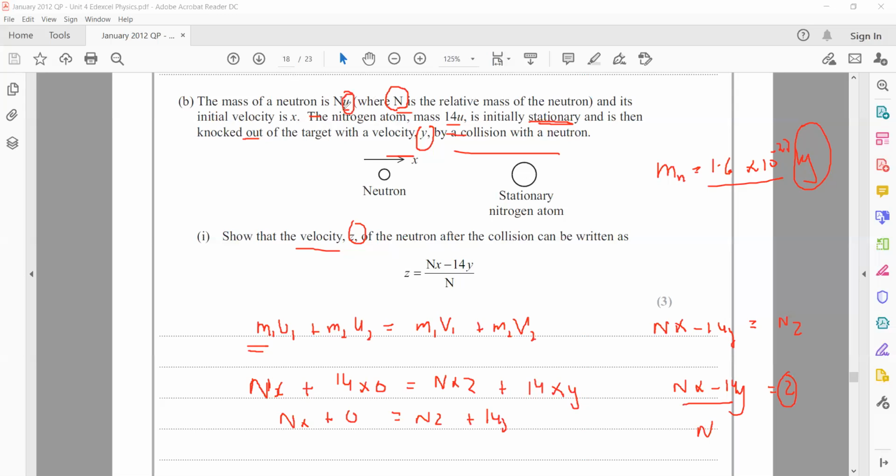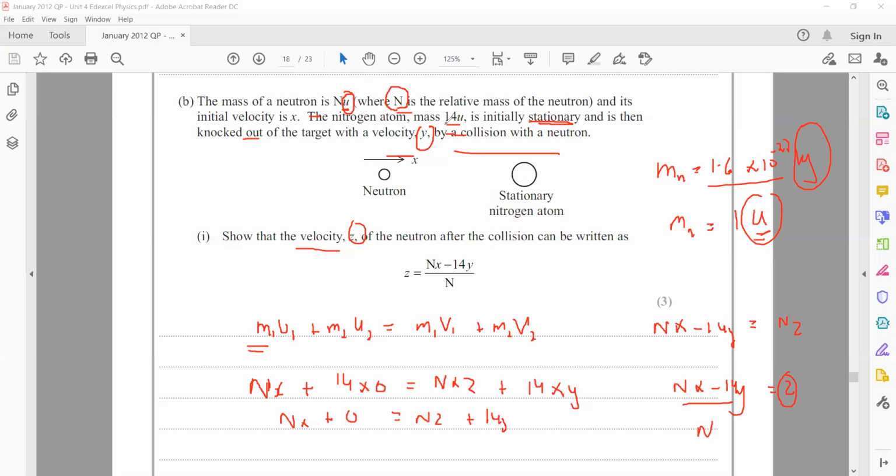So what is u here? u is the atomic mass unit, because the neutron's mass is 1.6 exponent minus 27 kilogram, or you can also say 1 atomic mass unit. So u is the atomic mass unit, or unit of mass, and n is the relative mass. So I did not substitute the unit.